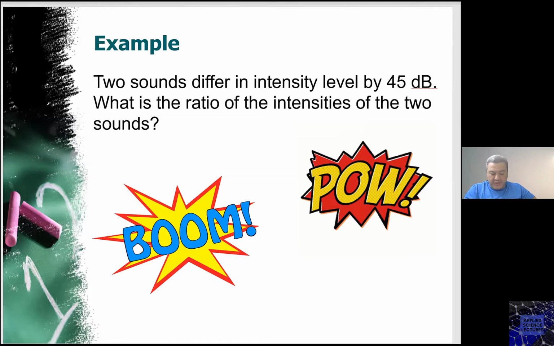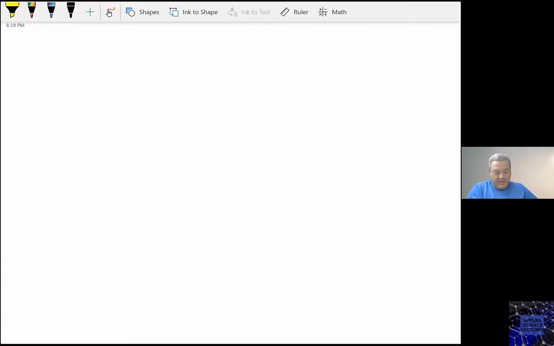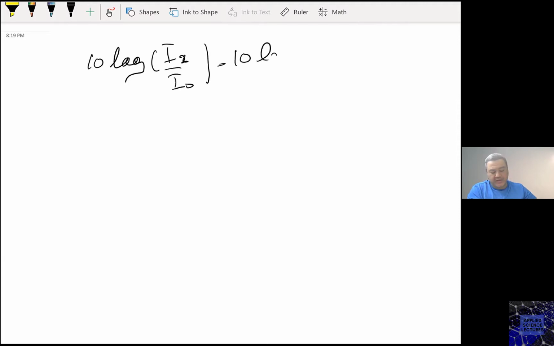In this case, if those two sounds differ in intensity by 45 dB, then I can write the following: 10 logarithm I2 over I naught minus 10 logarithm I1 over I naught equals 45 dB.